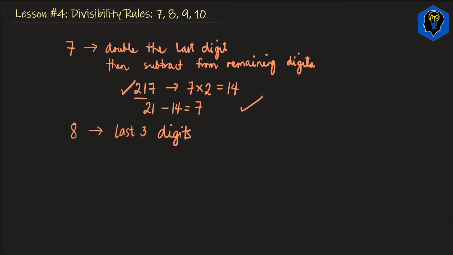For example, we have 2,400. This time, you consider only the last 3 digits. The number that will be formed is 400. And of course, we know that 400 can be divided by 8. So, 400 is divisible by 8. Therefore, 2,400 is also divisible by 8.